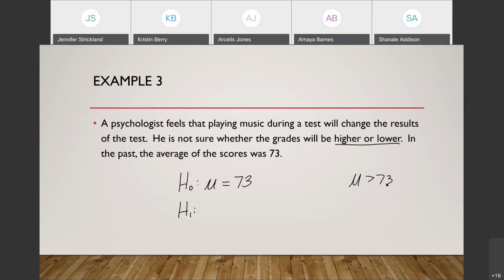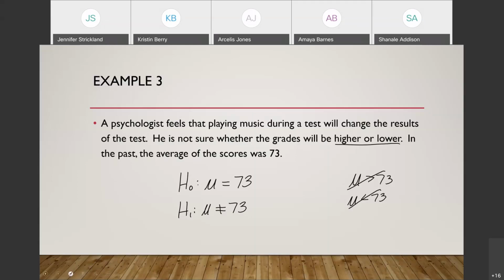That's not going to work. And if I write it this way, I'm saying he's only interested in it being lower. That's not going to work either. So my other option here is to write it this way. I basically say it's not equal to 73. It might be more, it might be less. That sort of includes both of those options.